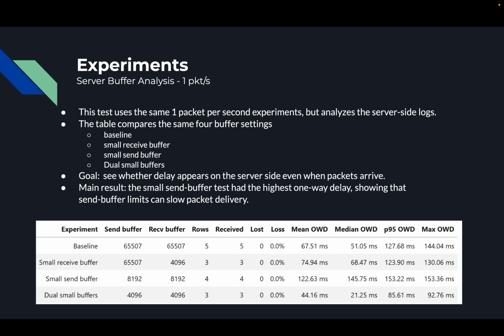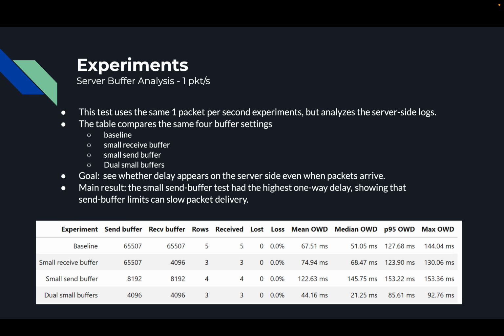And here in this table, it shows the server side one-way delay results. Unlike the client table, this measures one-way delay, or OWD, rather than round trip time. The baseline has a median one-way delay of about 51.1 milliseconds. The small receive buffer case has a higher median delay of about 65.5 milliseconds.